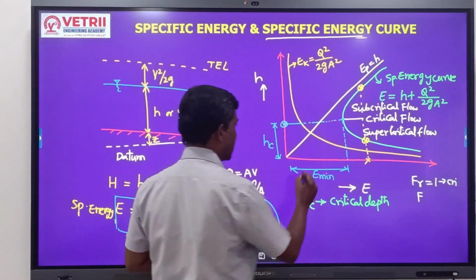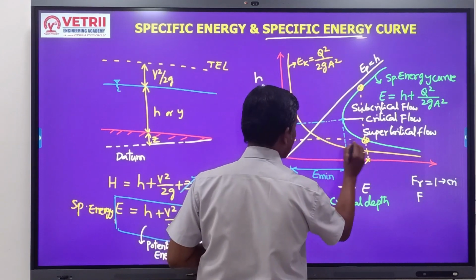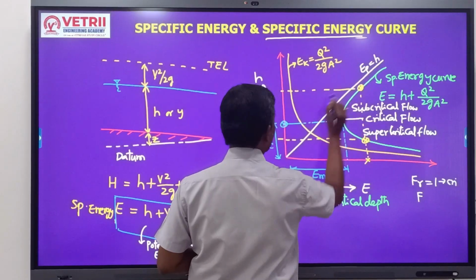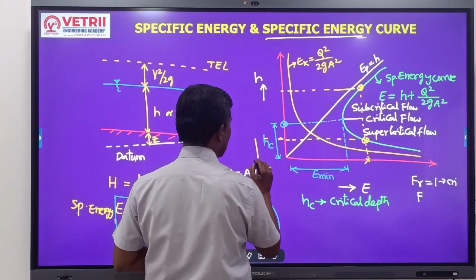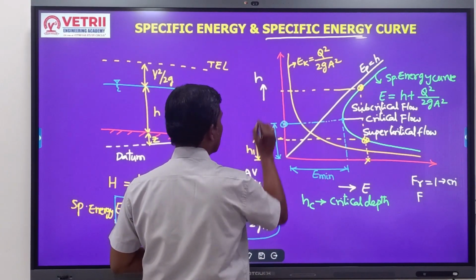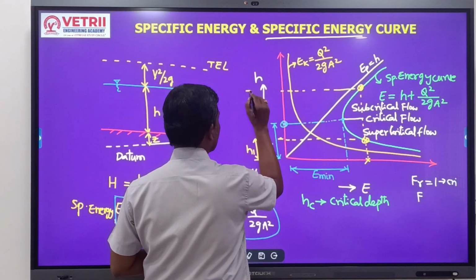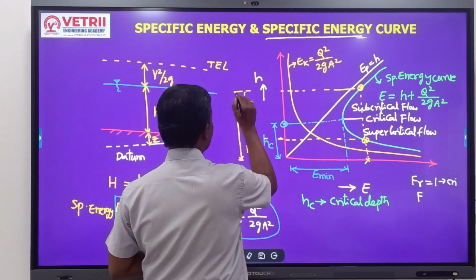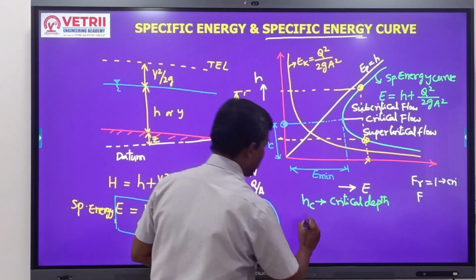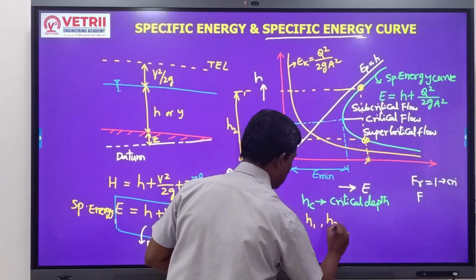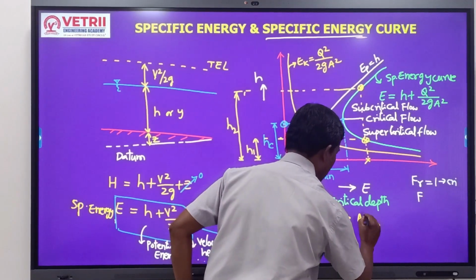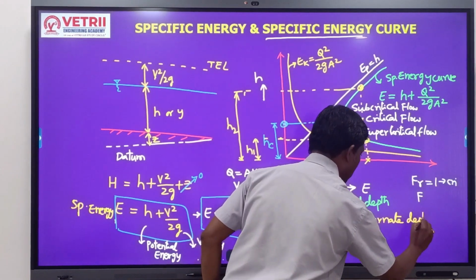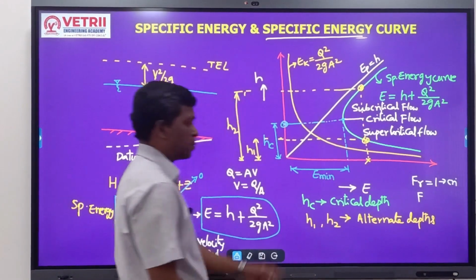The corresponding depths, this one I represent with H1 and this with H2, are called alternate depths.